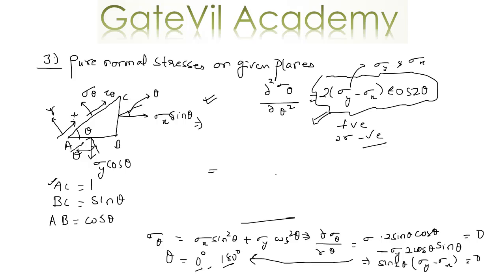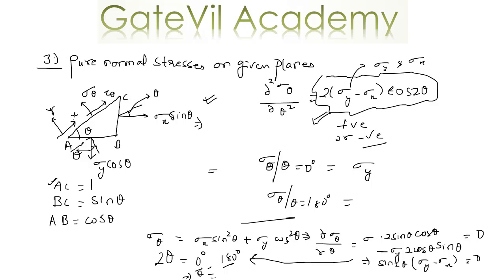So the value of sigma theta at theta equal to 0 degrees will be, the sine theta goes to 0 and you'll have sigma y. Sorry, this is not for theta, this is for 2 theta.